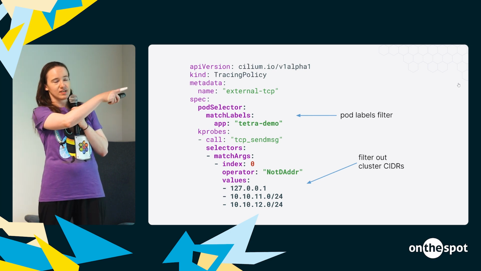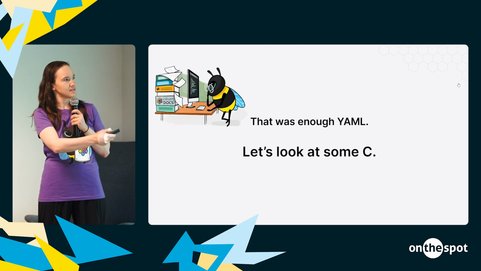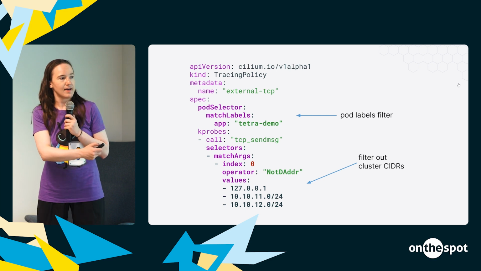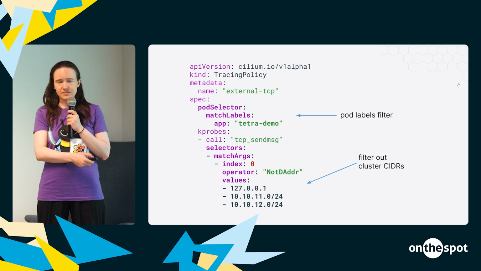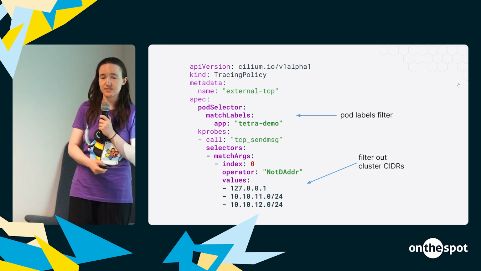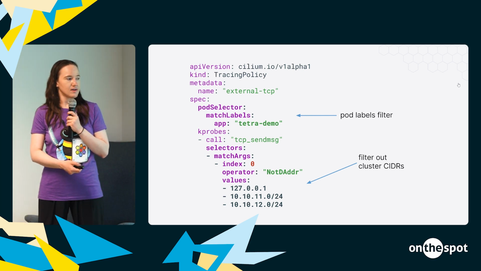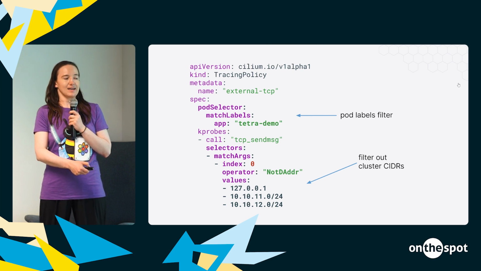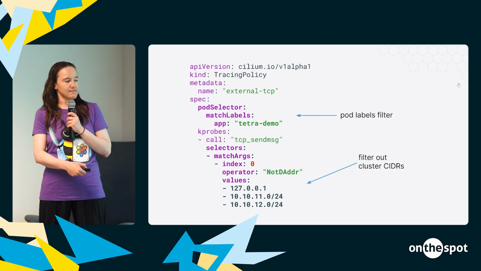And this configuration that I have over here will be stored in a BPF map. There are many other things that we can filter on besides Kubernetes metadata. For example, we can filter by arguments of the kernel functions. And in this case, we filter by IPs.